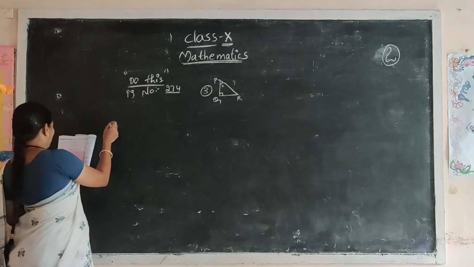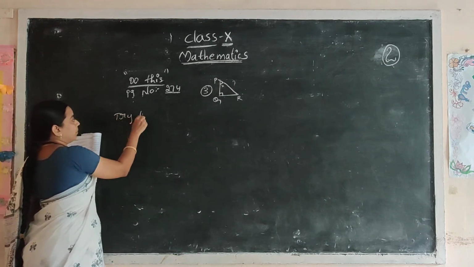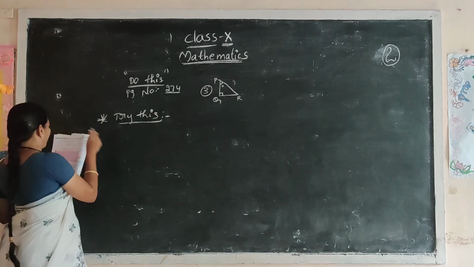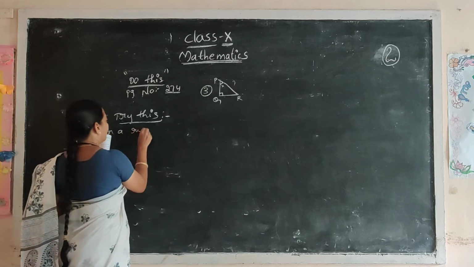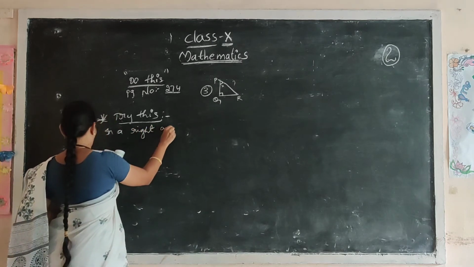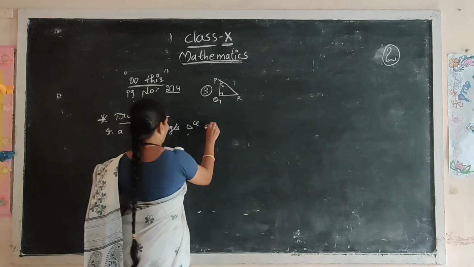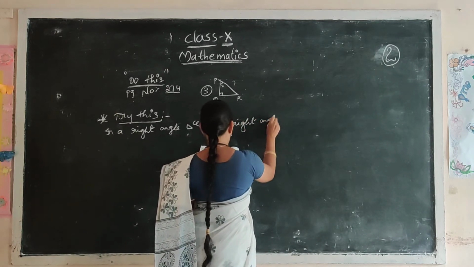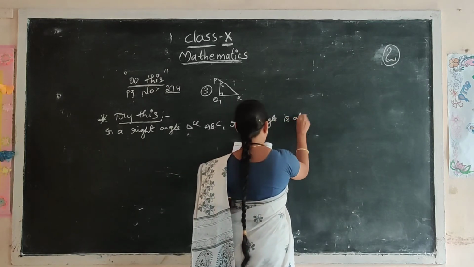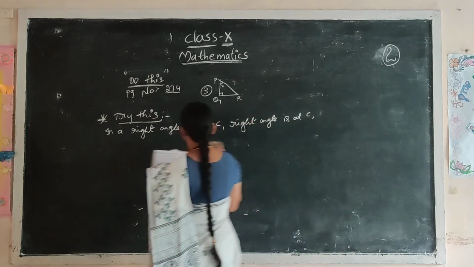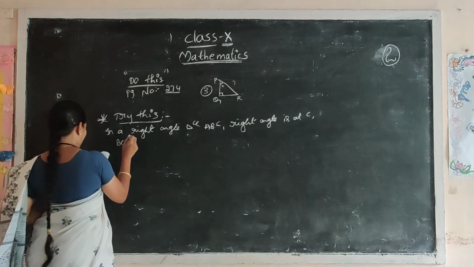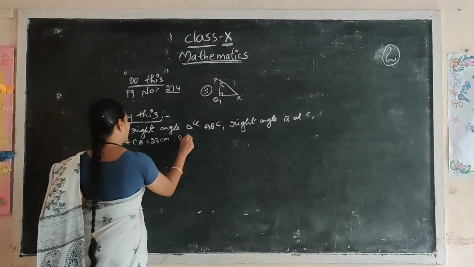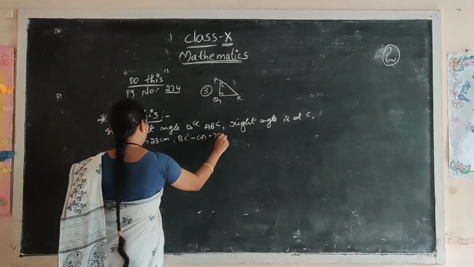Next one is the Try This column. This is a very important question. In a right angle triangle ABC, the right angle is at C, and BC plus CA is equal to 23 and BC minus CA is equal to 7.